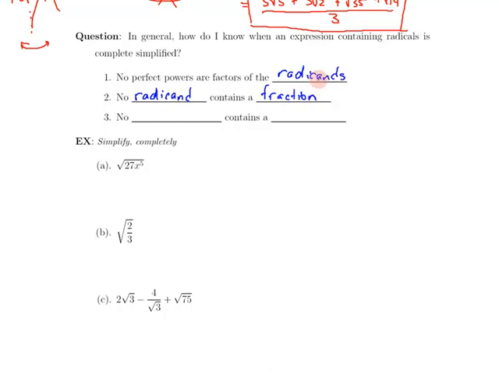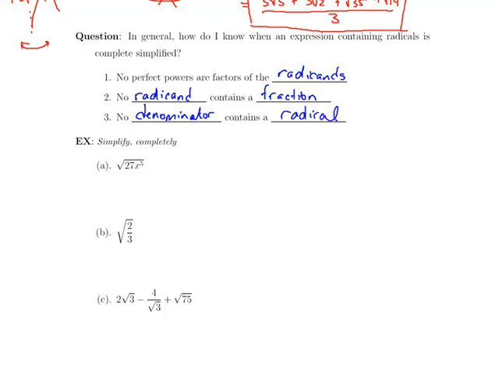Because if that's the case, then you can use the quotient rule and put a radical on top over the radical on bottom, and then you might have some more simplifying to do. And lastly, no denominator contains a radical.